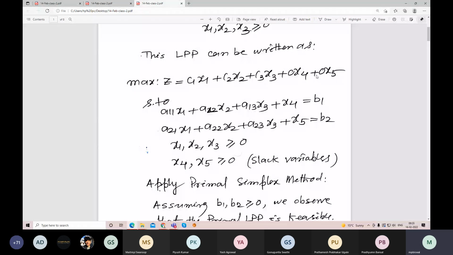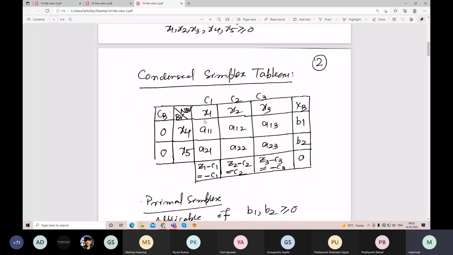Now the first row: x4 plus a11 x1 plus a12 x2 plus a13 x3 equals b1.